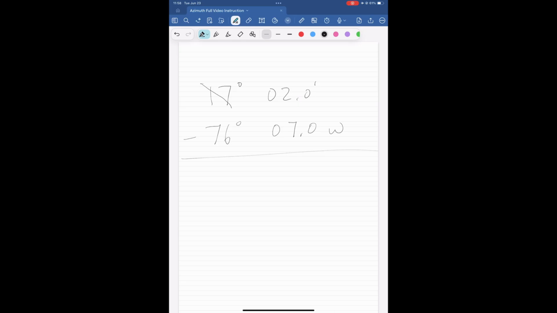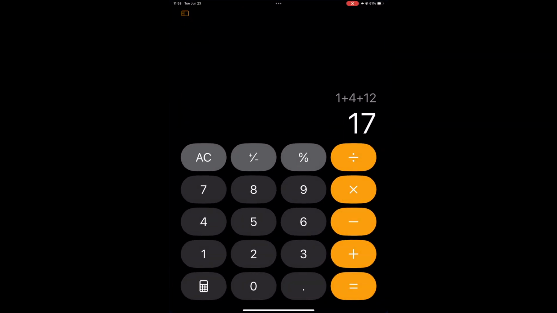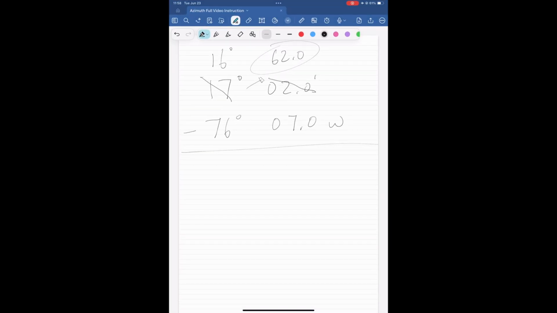So this will become 16 degrees. We're going to carry that 1 degree, or 60 minutes, over to this column here and add it to it. So that will then become 60 plus 2 minutes is 62 minutes. Now this number is greater and we can subtract it. 62 minus 7 is 55 minutes.